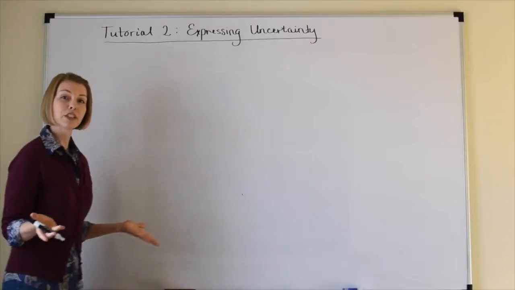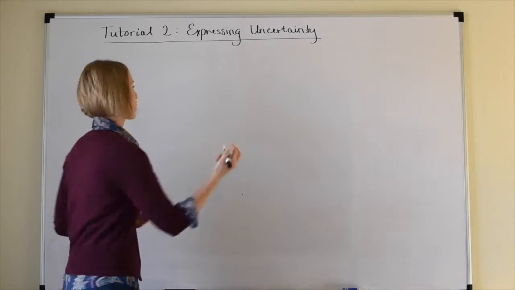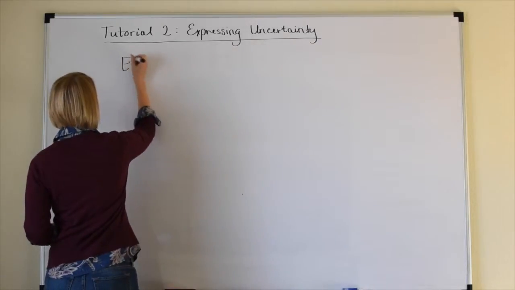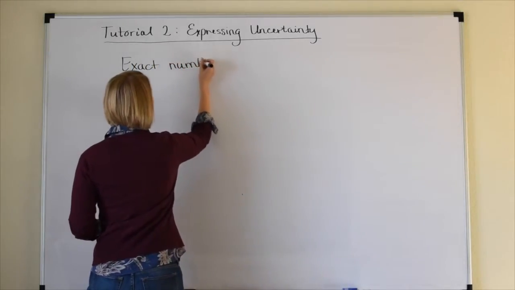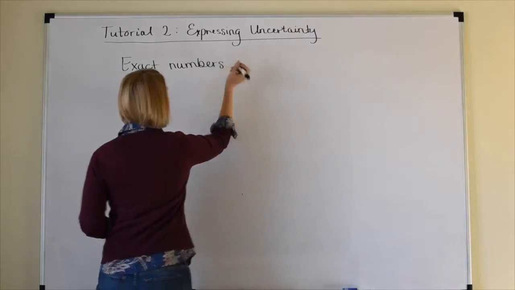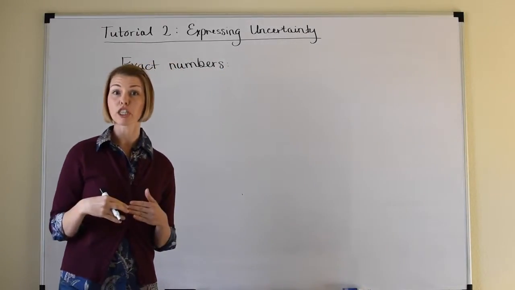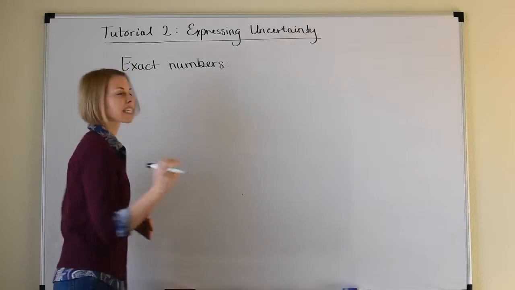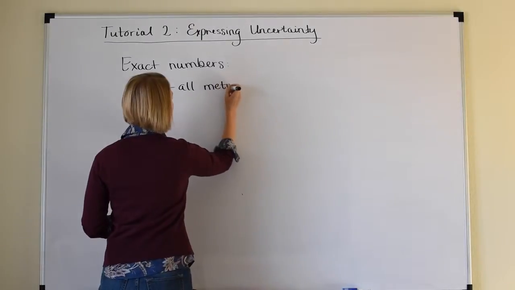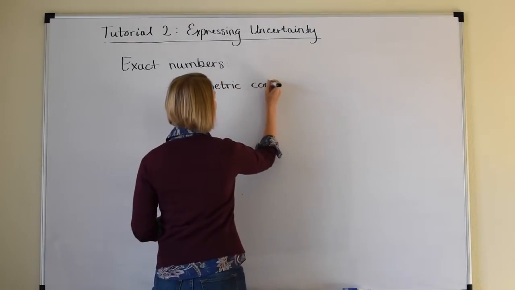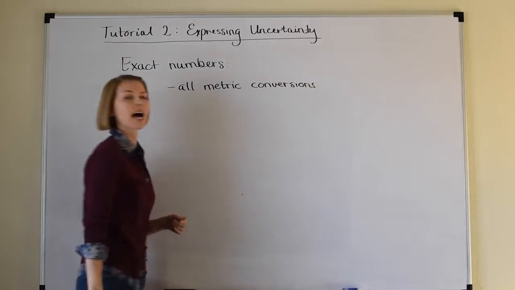All right, some numbers are exact numbers, meaning that they are indefinitely precise. Let's write that up here, exact numbers. All of those metric conversions that we talked about in tutorial number 1 are exact. So let's write up here, all metric conversions are exact.